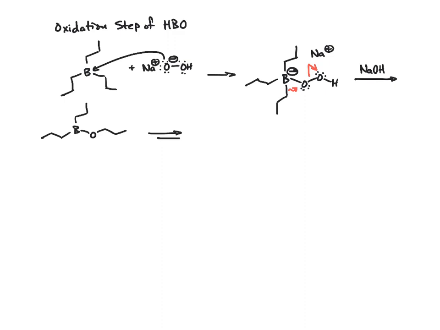So that's going to happen 2 additional times with 2 more equivalents of the sodium hydroperoxide, such that we end up with a borate ester. So we're not quite to the finish line yet. What happens next?